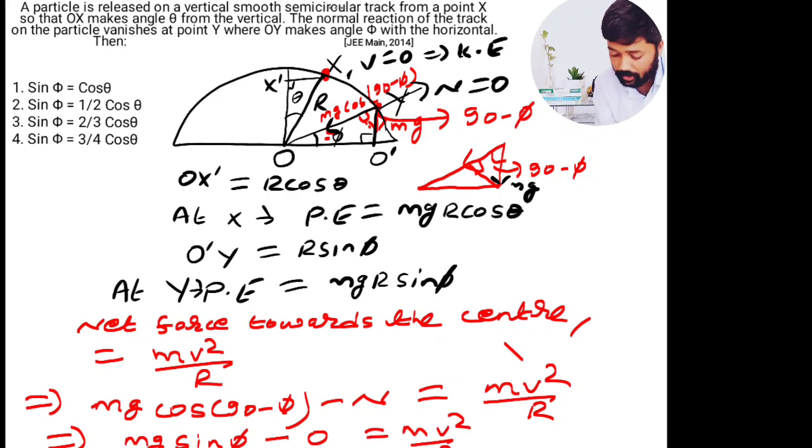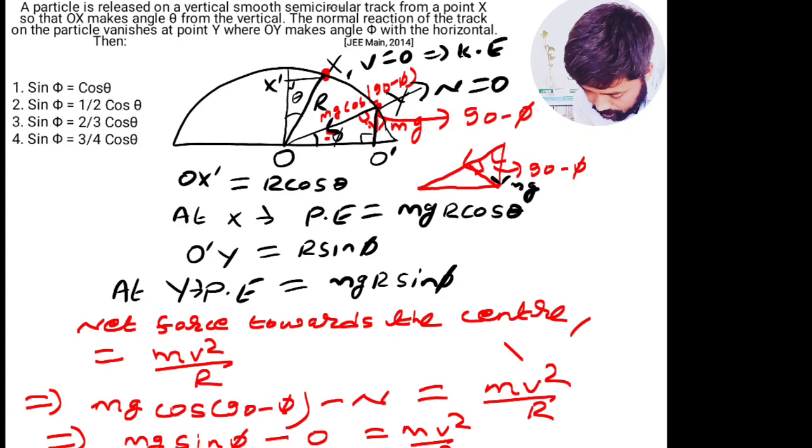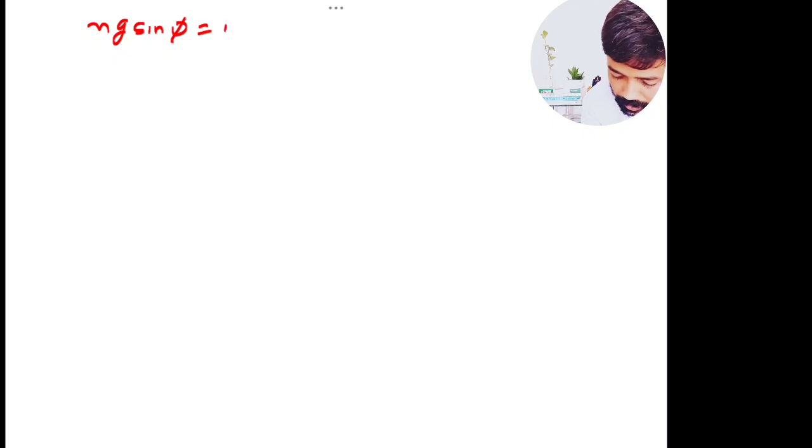So mg sin phi is equal to mv square by r. m cancels, so v square is equal to rg sin phi.